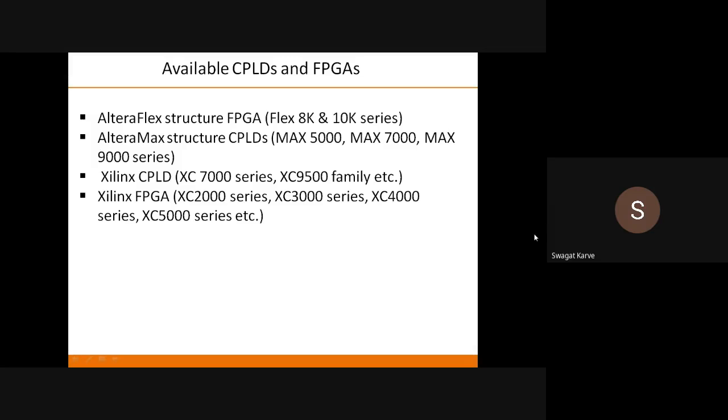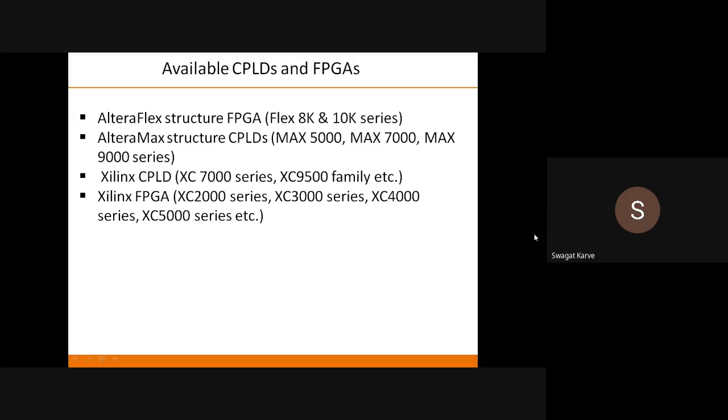And if AND array is programmable and OR array is fixed, then it is PROM, programmable read only memory. And if AND array logic is fixed and OR array logic is programmable, then it is a PAL, programmable array logic. Okay, so you have to remember this. So that part we have covered.